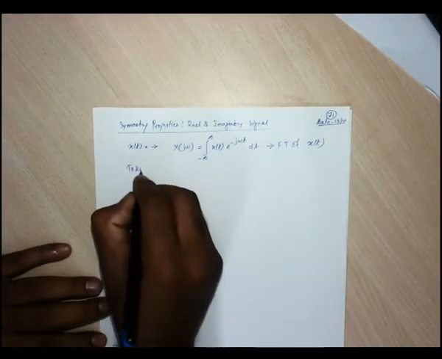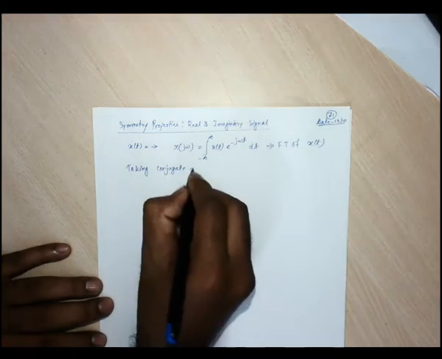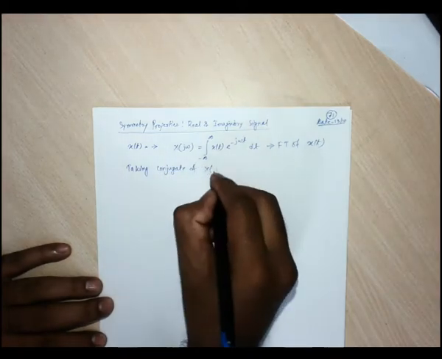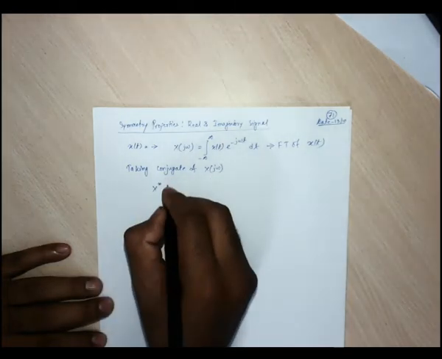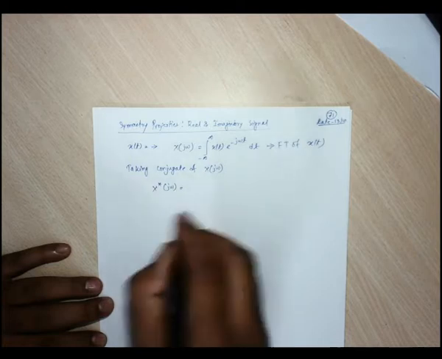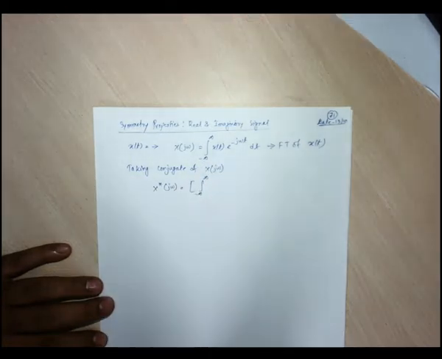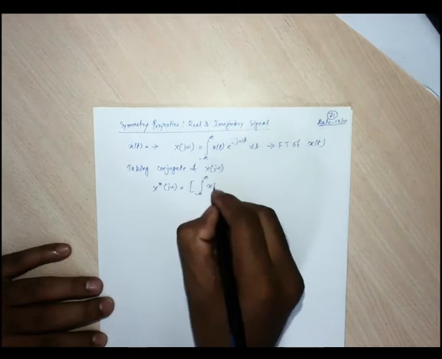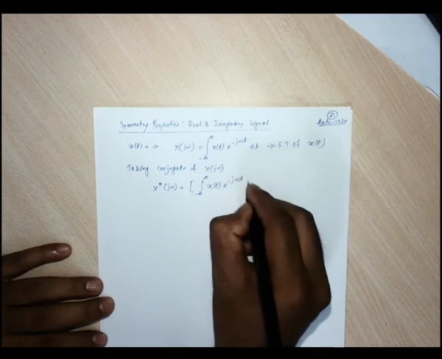Taking the conjugate of X(j omega), we need to take the conjugate of this expression, that is x(t) e to the power minus j omega t dt.